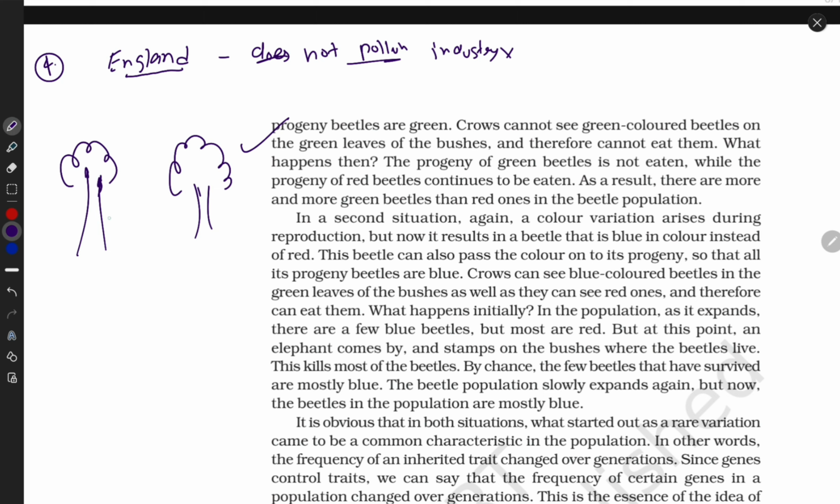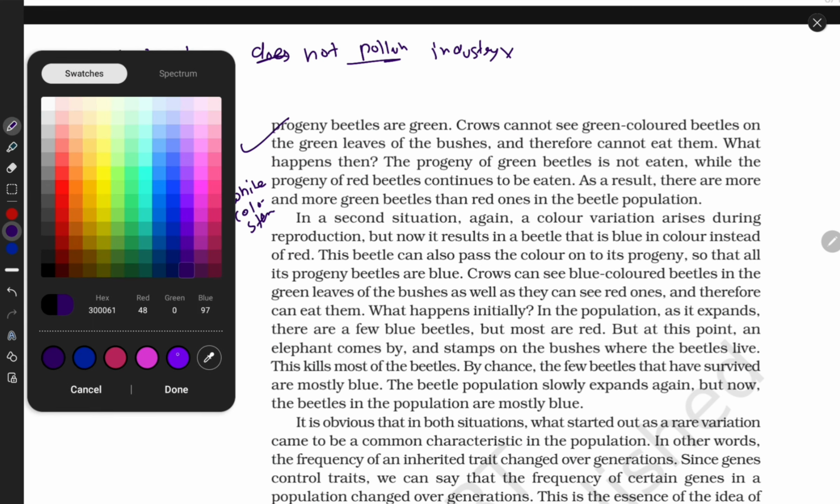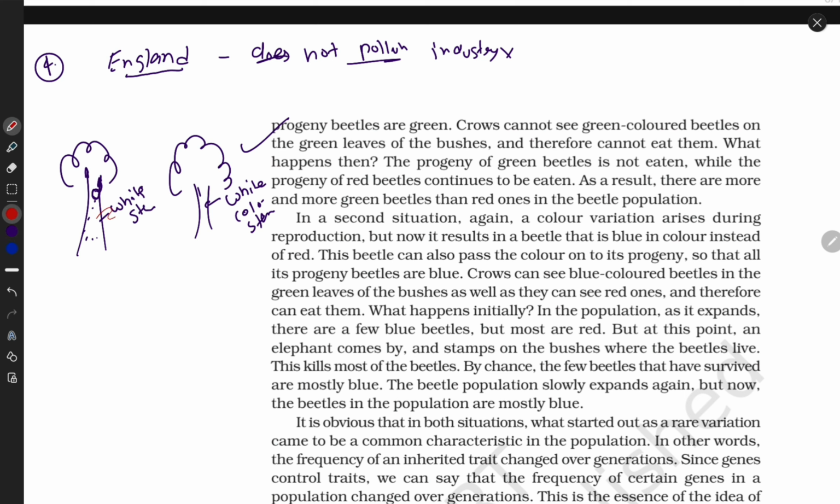At that time the trees had white-colored stems, and there were two types of beetles, white beetle and red beetle. The white beetle hides itself in the stem, but the red beetle can't hide. It is easily visualized by predators. Both are present, white and red.